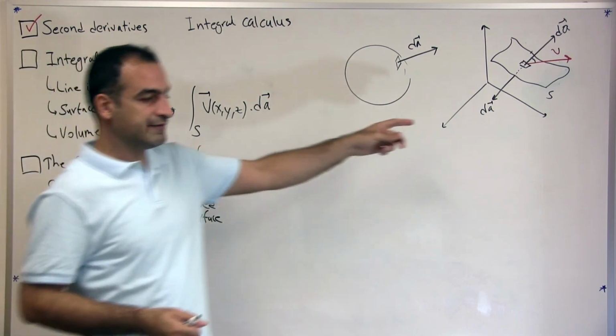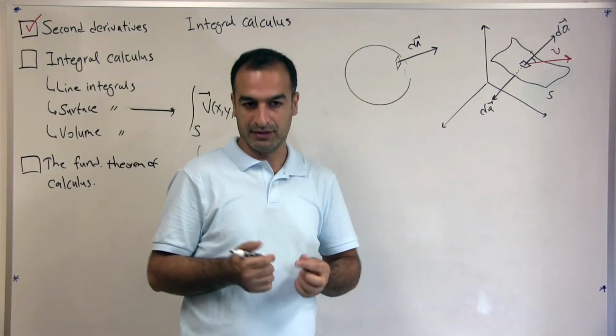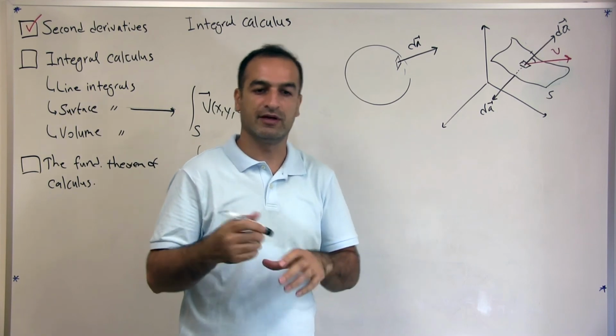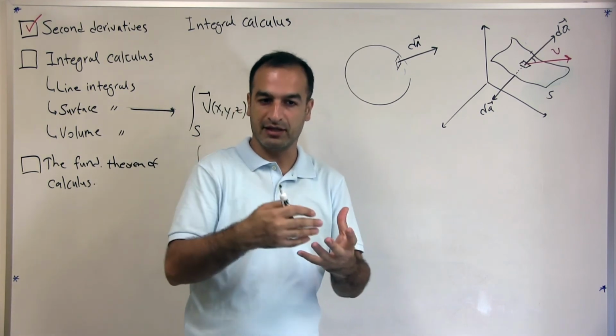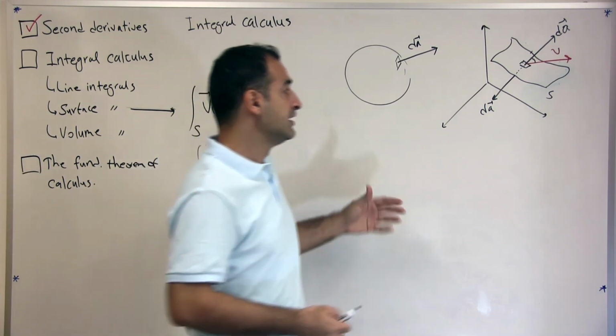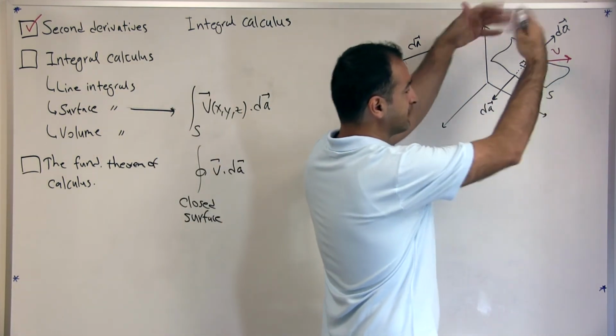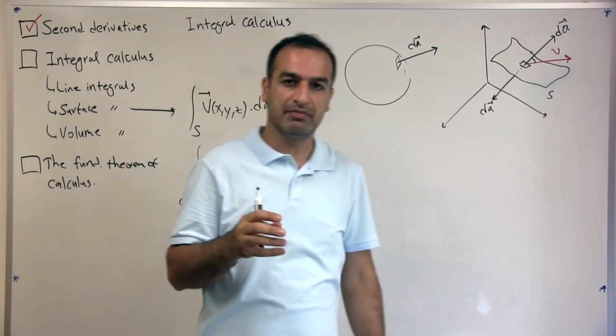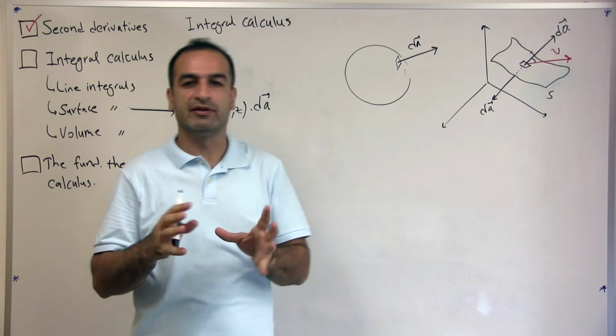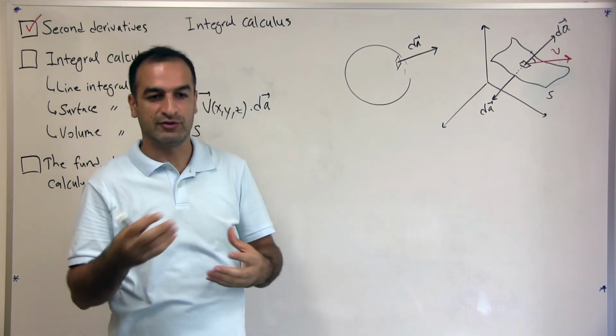If it's an open surface, there is a bit of ambiguity here, so I can't tell you what is correct or wrong. You just decide what direction you want to calculate the flux, and that tells you the flux going from bottom to top or from top to bottom. Depending on the specific application, you will be able to handle it. You won't be confused about whether to do this or that.